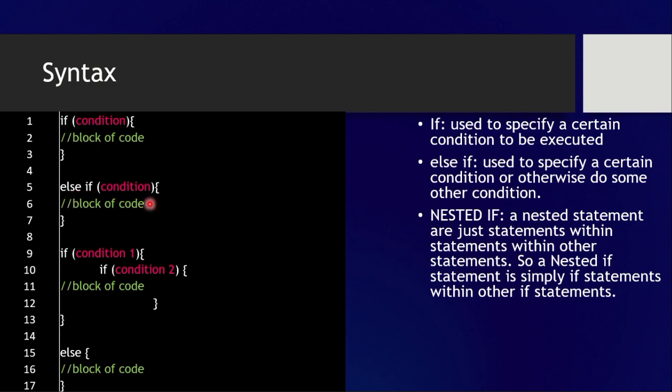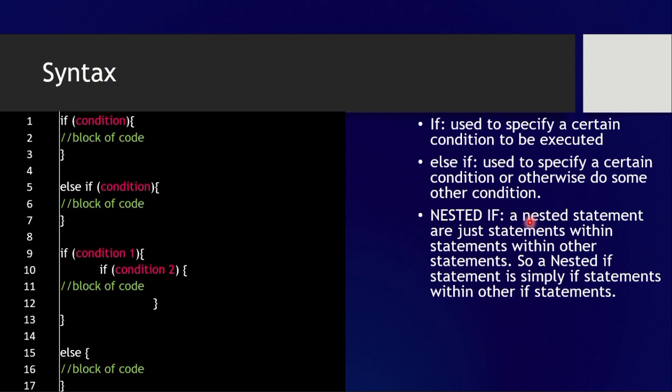And then else if condition, and so on: if condition one, if condition two, and all that. So if is just to specify a certain condition to be executed. Else if is used to specify a certain condition or otherwise do some other condition, right? So basically say, okay, if this is not going to work, let's try something else. This is basically what else if says.